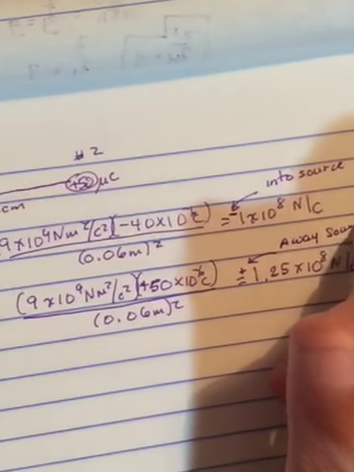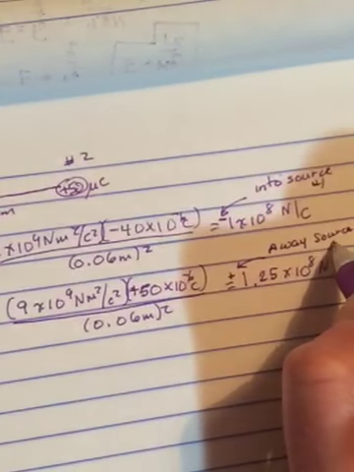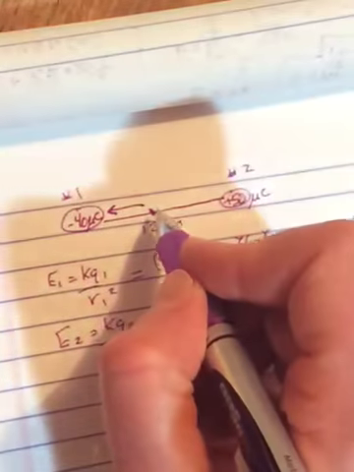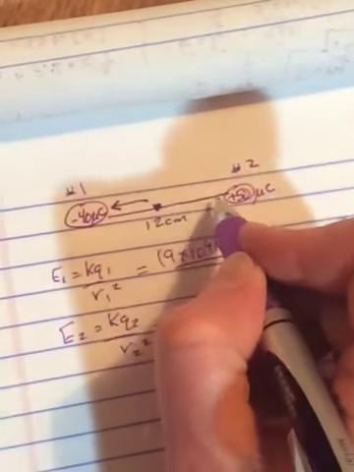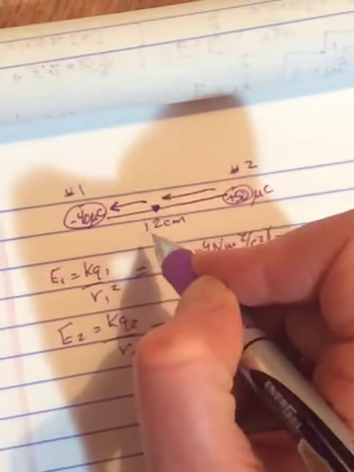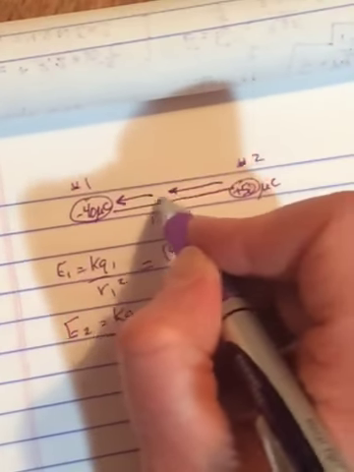Now, the source in this one is number 1, and the source in this one is number 2. So the field acting at this point from charge 1 is going into charge 1. The field acting at this point from charge 2 is going away from charge 2. What do we do to get the net field here? Well, look at their directions.